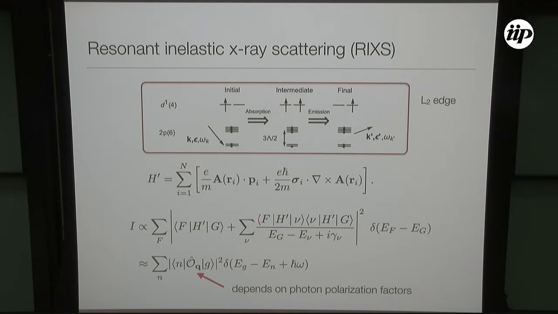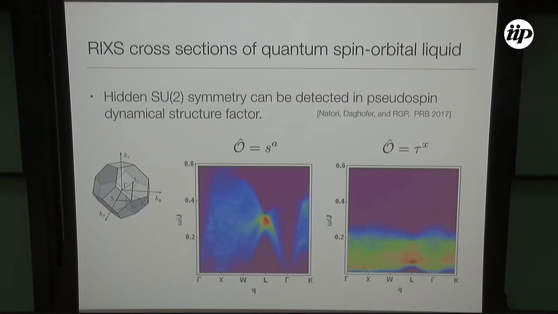In that case, the second order process is more important than the first order process when this difference is very small. And within a lot of our approximations, you can express this in terms of some dynamical correlation function, some structure factor with some operator that depends on your choice of the polarization of the incoming and outgoing photons. So this is something you can in principle choose by selecting polarization.